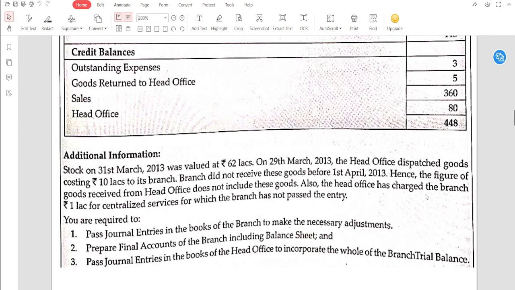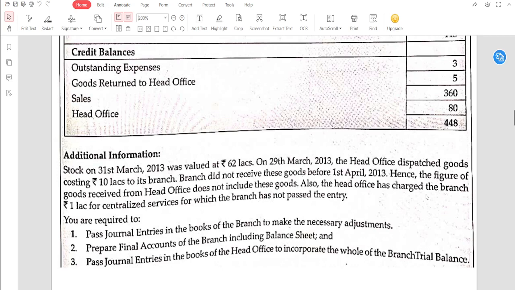So आप सोचो सोनल, if 1 lakh rupees has been charged as an expense to the branch, so the branch has to pay the money. If you think from the point of view of the branch, it will be an expense for the branch. So expense will be debited, correct? Perfect. So it will be debited to the expense account, and simultaneously, the amount has been charged by whom?